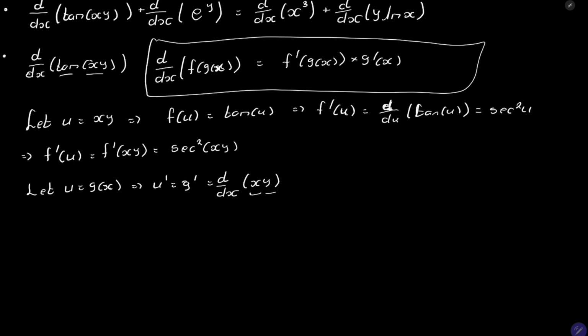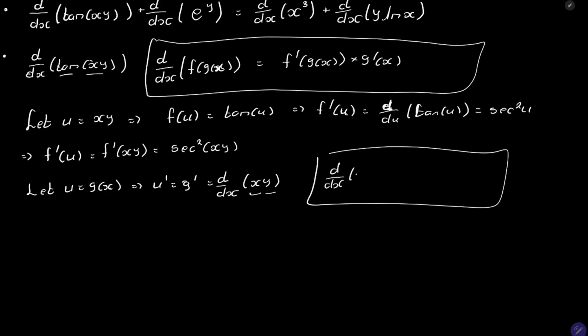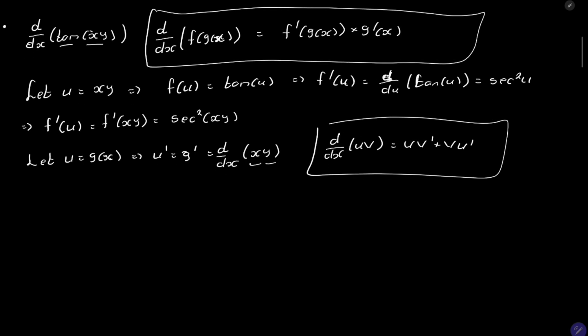The first thing we have to recall is that in order to calculate this, we need to use the product rule. And what does this product rule state? It states that the derivative with respect to x of two functions multiplied by each other, uv, gives us u dv plus v du.